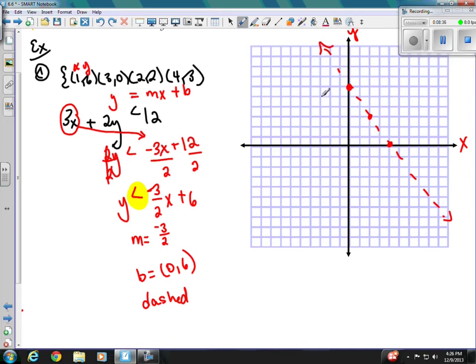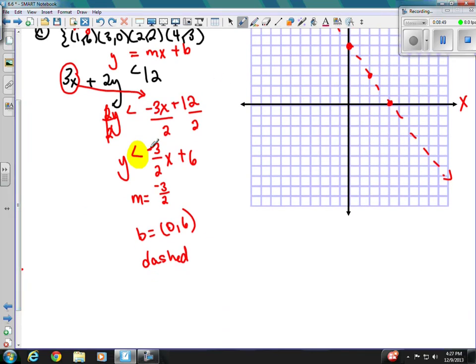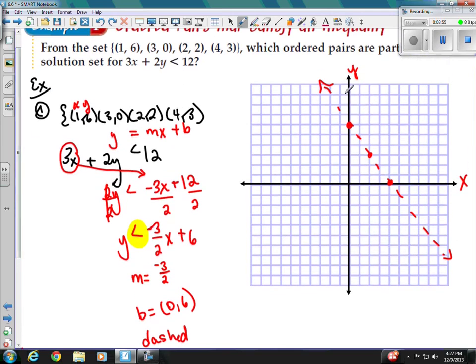Okay, and then my fifth step is to determine where to shade. So once again, we always go back over here to our inequality symbol, and it says if y is less than, it's pointing to the y. So if y is less than, we shade below. So over here, we're going to shade below it.